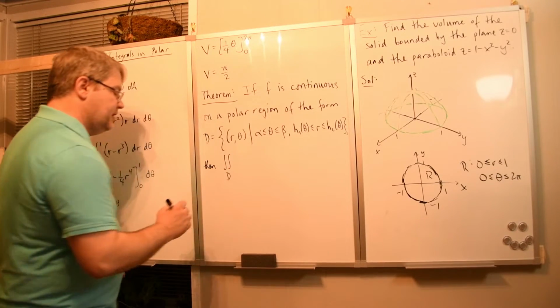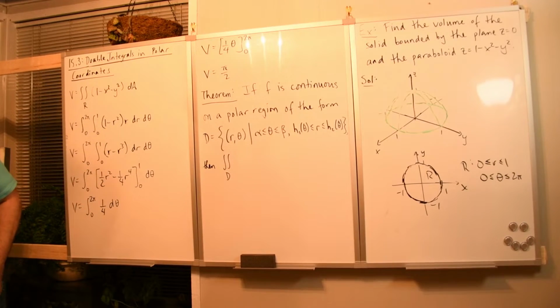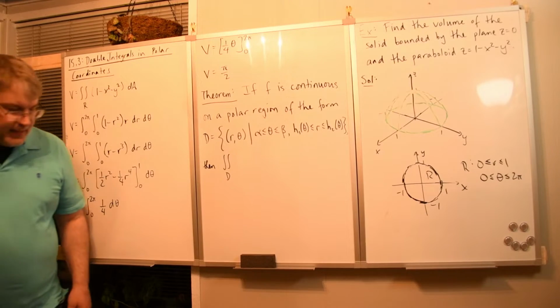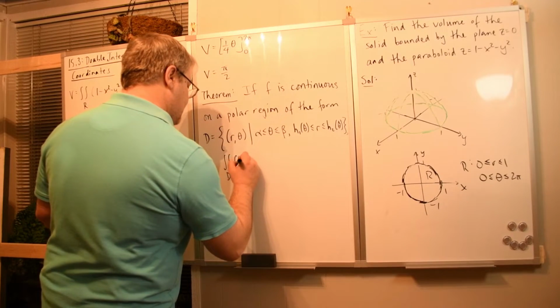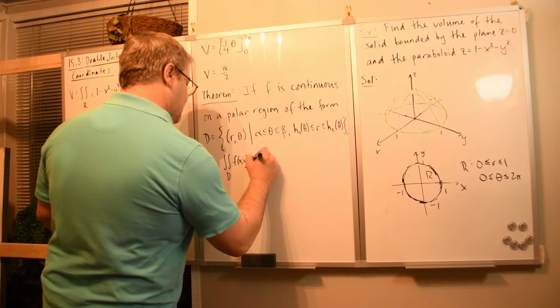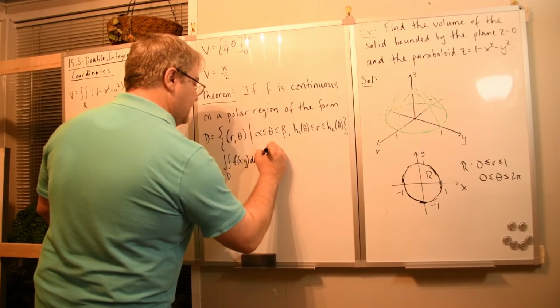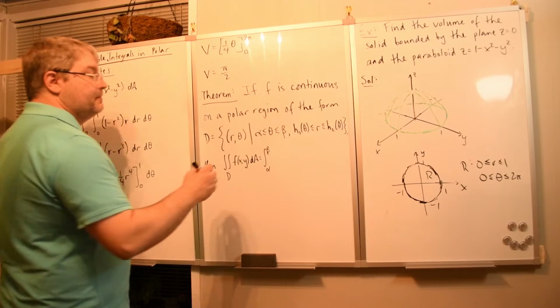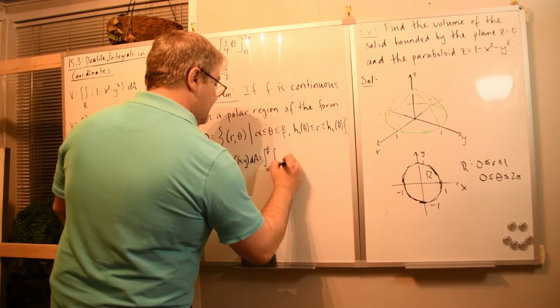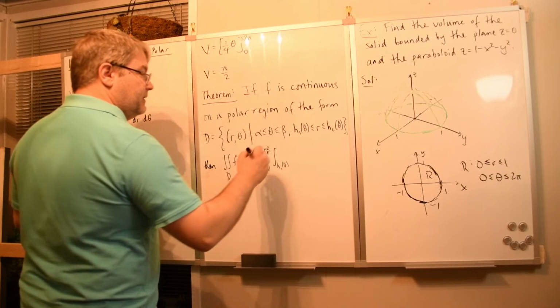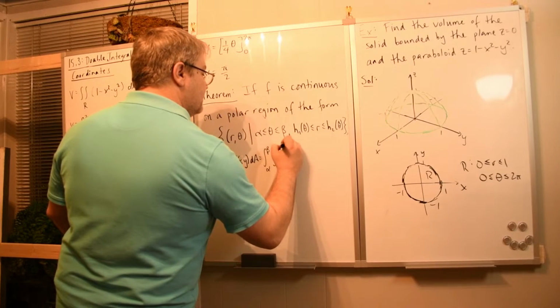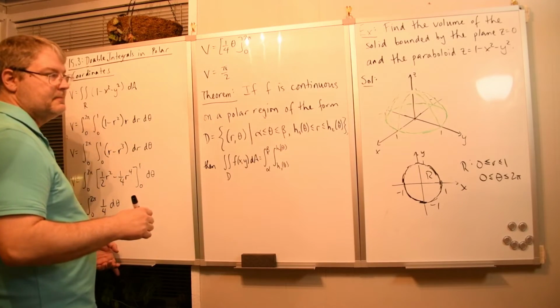So we take a look at the double integral over D of f of x, y, dA. And that's going to equal, on the outside, alpha and beta as limits of integration. On the inside, we'll have h1 of theta as the bottom limit of integration, h2 of theta as the top limit of integration.